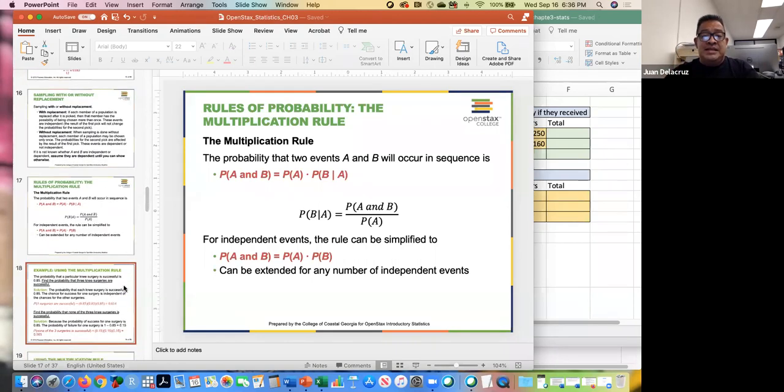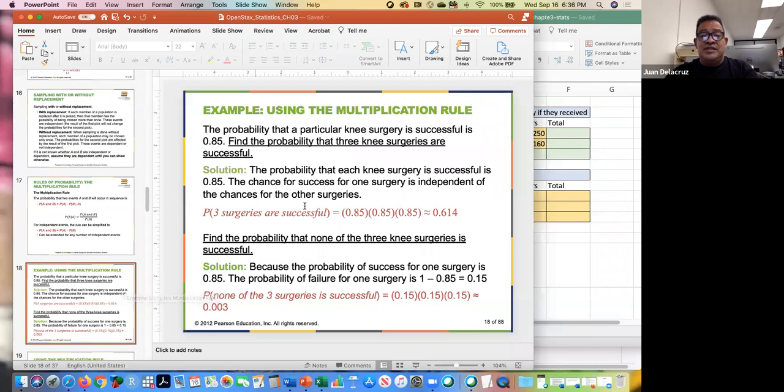As happens in this case, we have 3 surgeries. Each surgery has an 85% probability of success. So we multiply these percentages 3 times to obtain the probability that the 3 surgeries in a sequence are going to be successful. We also computed the opposite, the probability that none of them is going to be successful.